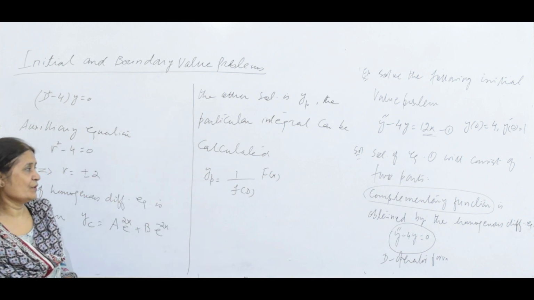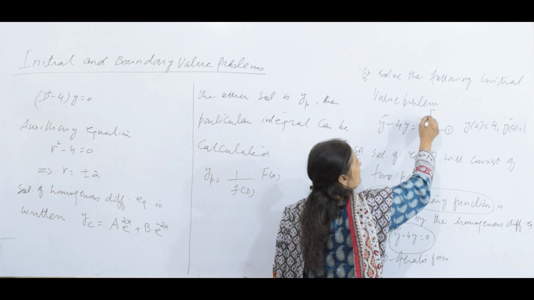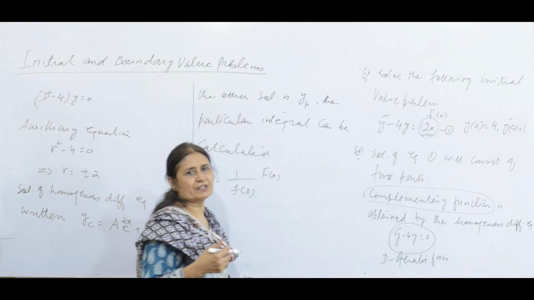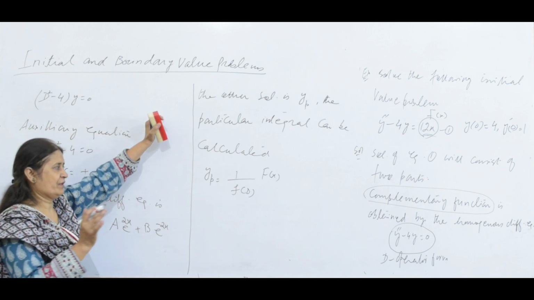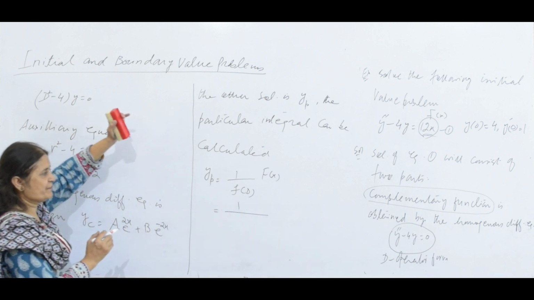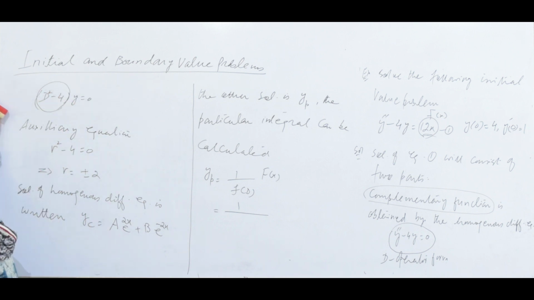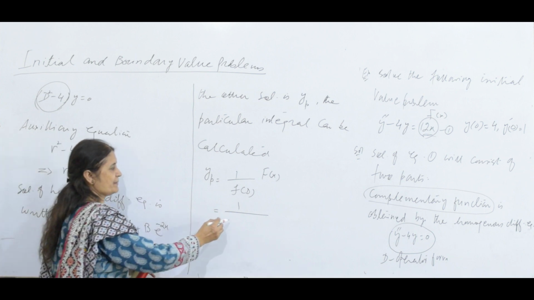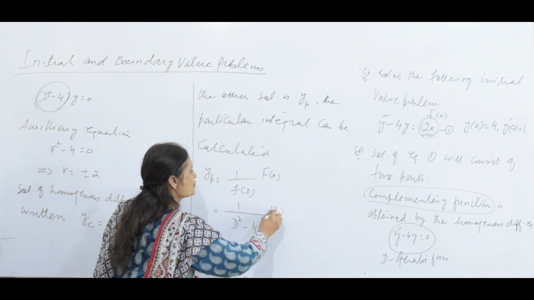This is one of the methods to find it. This function is your f of x. It could be anything: sine, cosine, exponential, constant, whatever it is. This time the polynomial in D is D square minus 4 and f of x is 12x.